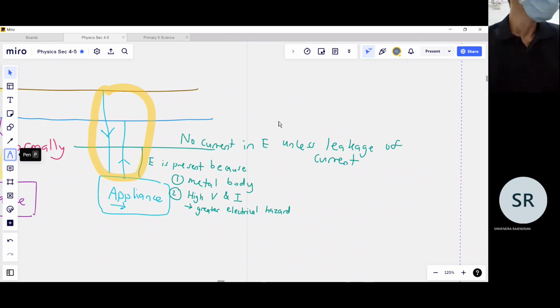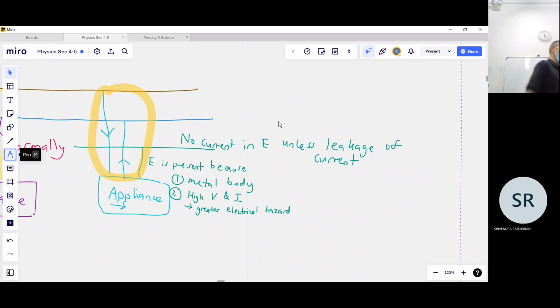I don't have an appliance to show you, but imagine this is a fryer with a metal casing.